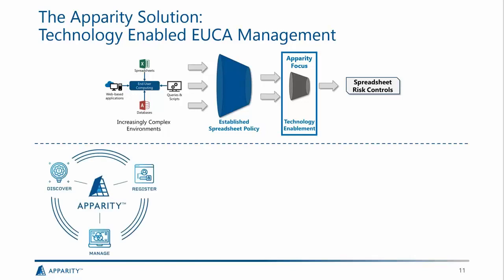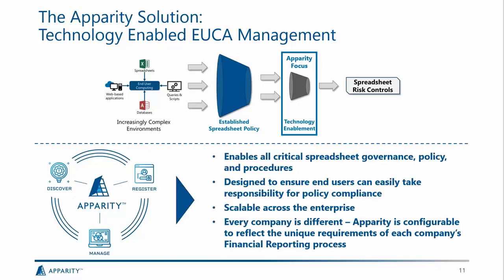So as we look at the Apparity solution itself, what Apparity is designed to do, and how we built our modules, is to map to those same three core capabilities that each policy needs to have. So I mentioned them as identify, inventory, and control earlier. Our modules are discover, register, and manage, and those map one-to-one with the core components. So as a solution, what Apparity is designed to do is a number of things, and I have some of those listed here.